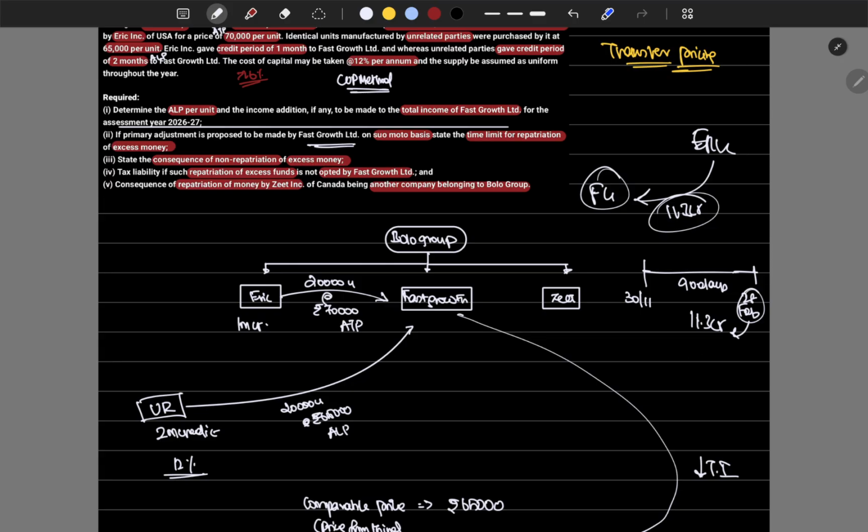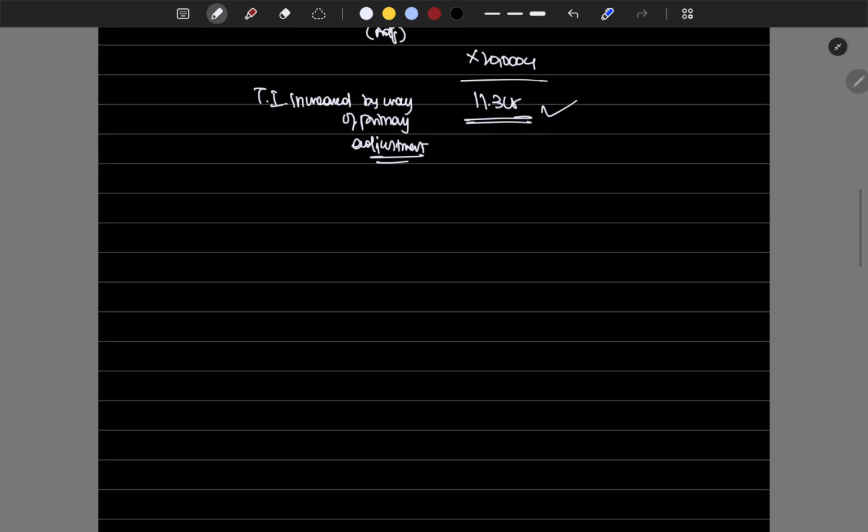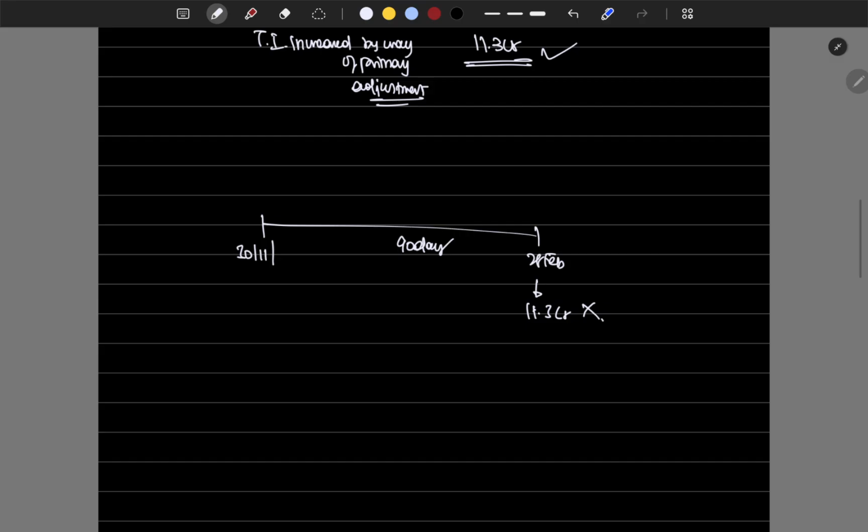So it is deemed that, if the 11.3 crore is not repatriated within the 90 days between 30 November and 28 Feb, then this 11.3 crore is treated as a loan given to Eric, and Eric will pay interest every year at the SBI rate.